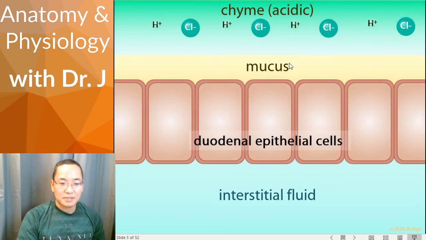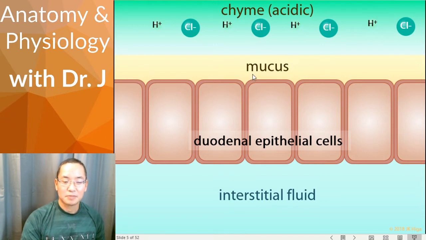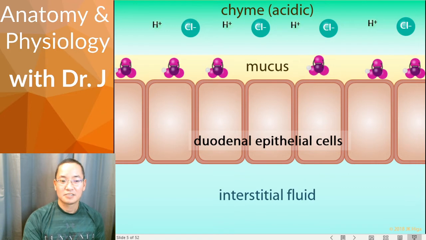All right, so then we have our duodenal epithelial cells. Remember, right after the pyloric sphincter opens, releasing chyme into the duodenum, the chyme is still very acidic. So the duodenal epithelial cells, thank goodness, have mucus. You don't want your duodenum being digested as well, because you can also get ulcers there. Not coincidentally, you also have bicarbonate ions in the mucus of the duodenum.